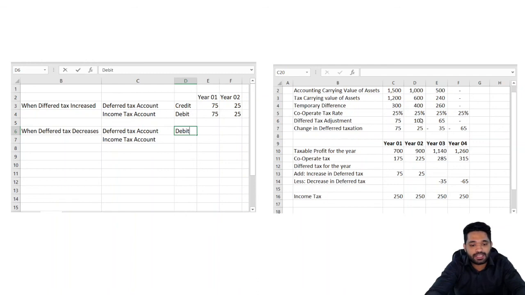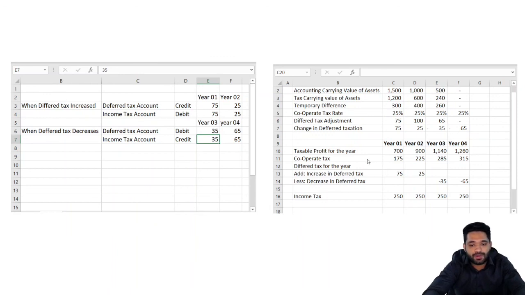So in year 3 and year 4, you will be debiting your deferred tax account by 35 and 65, and your income tax reduces when your deferred tax reduces. So you will be crediting your income tax account by the deferred tax amounts.